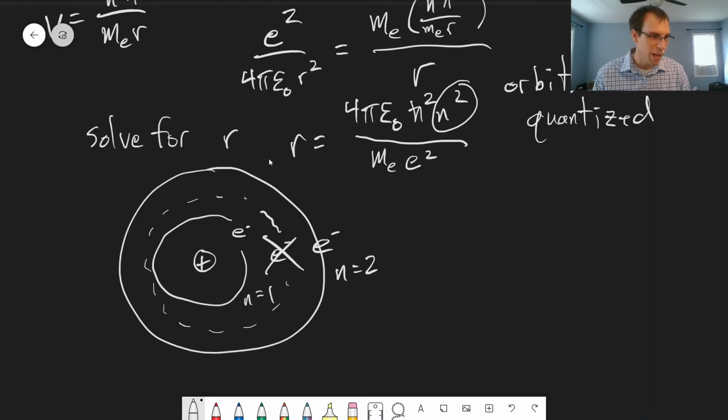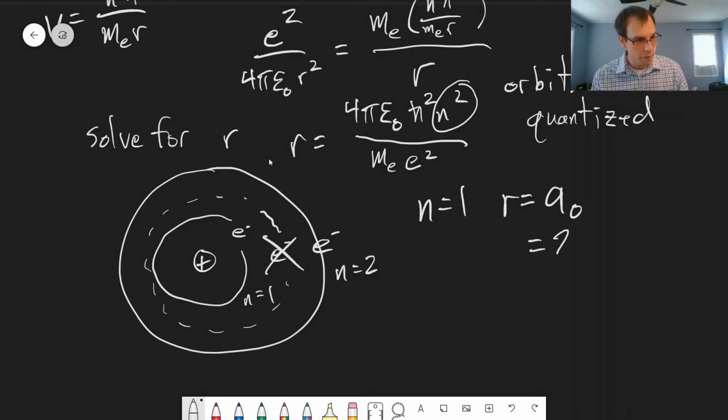Bohr actually still has something named after him from this. If we set n equal to 1, r is given the symbol a naught. If we plug in n equals 1 and plug in all these units here, this is equal to 5.29 times 10 to the minus 11 meters.